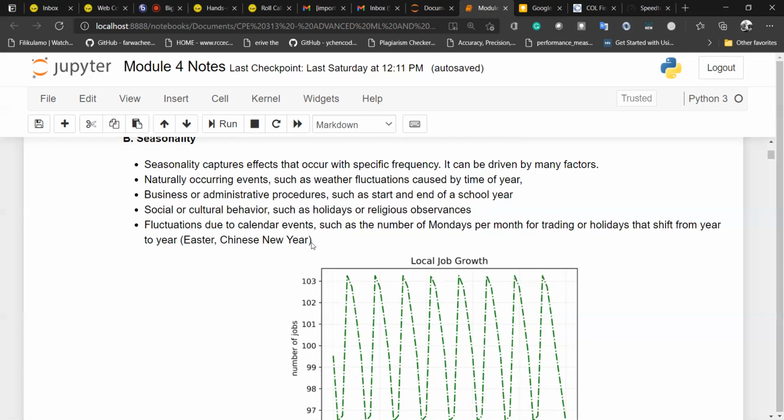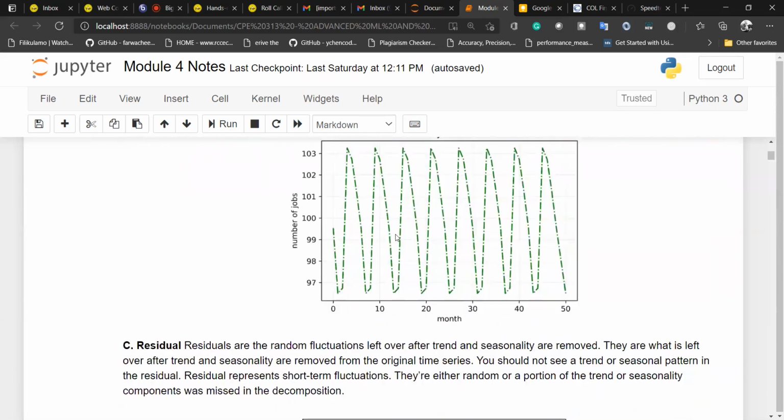So iba yung trend ng need kapag ka-holiday kesa sa non-holiday, no. So makikita nyo yung trend na yon. So you will see some seasonality. So ang tawag doon ay mga fluctuations due to calendar events such as the number of Mondays per month, no. Yan. The number of holidays that are taking place.